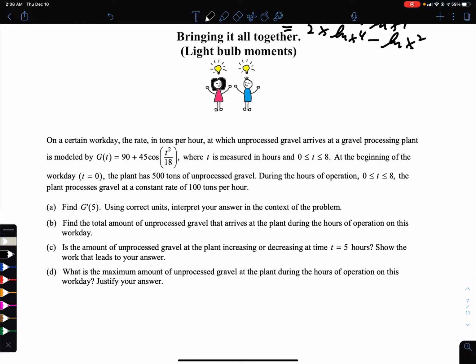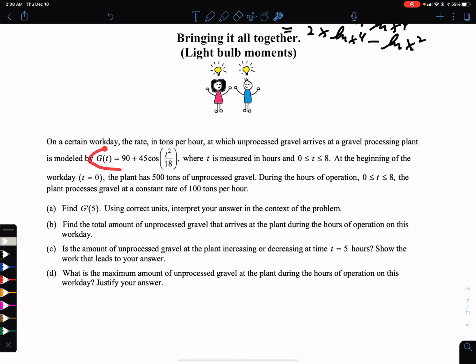On a certain workday, the rate in tons per hour at which unprocessed gravel arrives at a gravel processing plant is modeled by this. That is the rate at which unprocessed gravel arrives. So visually, you have trucks full of gravel.